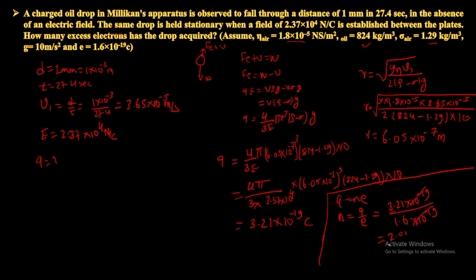The charge is always quantized, so we write that there are only 2 electrons in the given oil drop. So the excess number of electrons required to be motionless between the two parallel plates must be 2. So here N is equal to 2. In this way we can solve this problem. Now let's move to the next question.